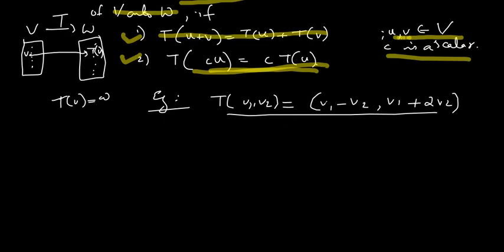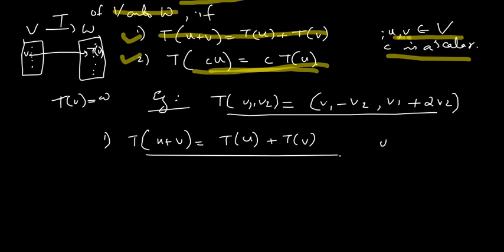For that, the first condition is T of u plus v is equal to T of u plus T of v. So consider two elements u and v belonging to R2, because there are two components. Let u be u1, u2 and v be v1, v2. So T of u plus v will be T of u1 plus v1 comma u2 plus v2.